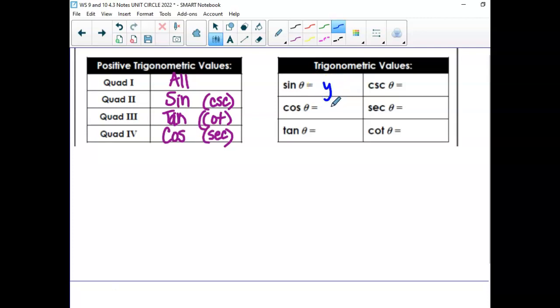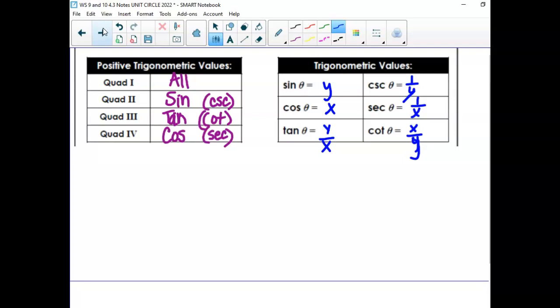Y value, cosine is the x, and tangent is y over x. So this is the reciprocal, and x over y. All right, now we're going to talk about why we use that unit circle.